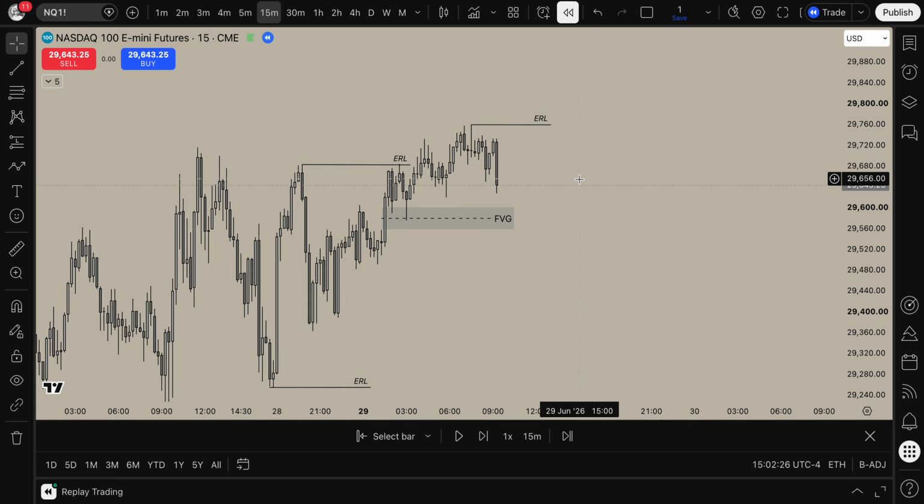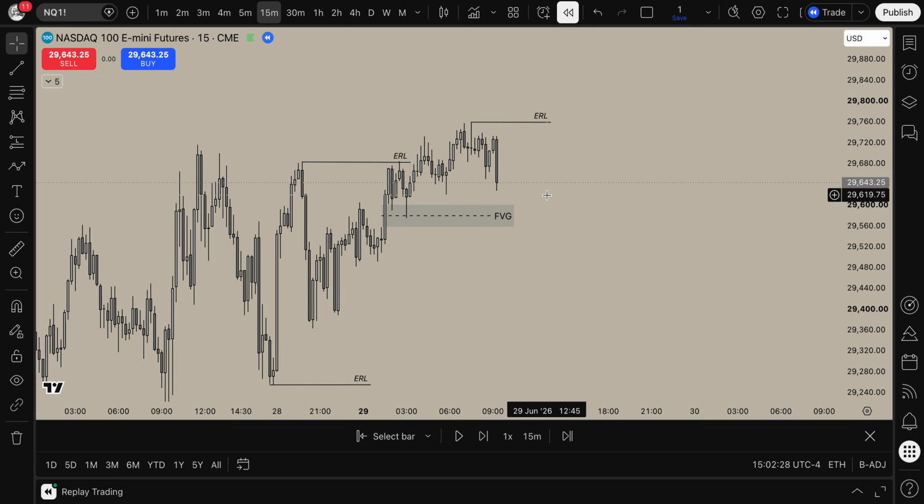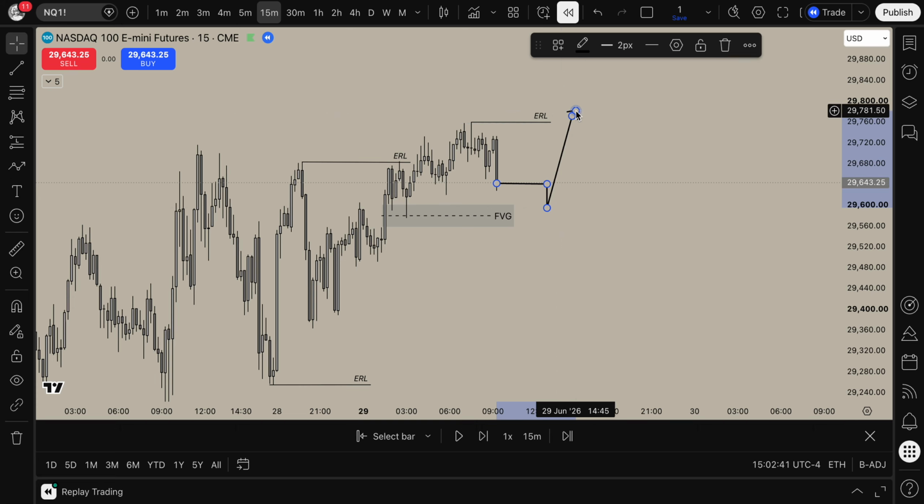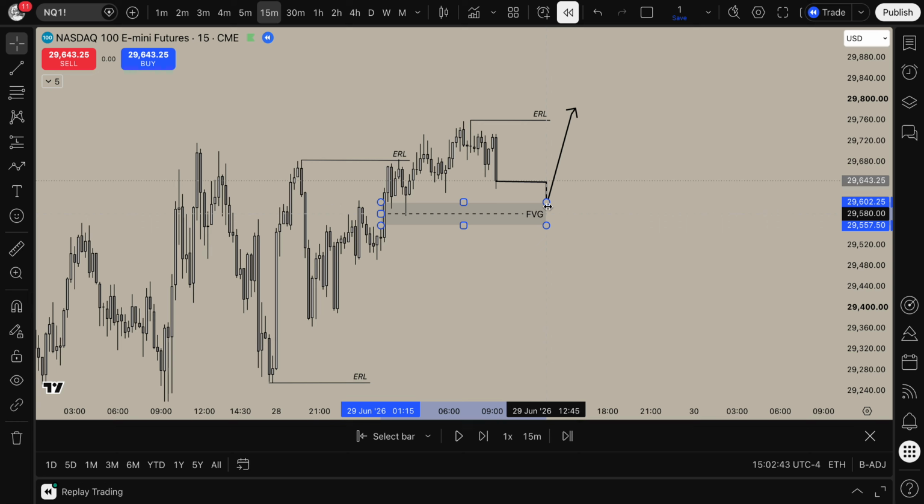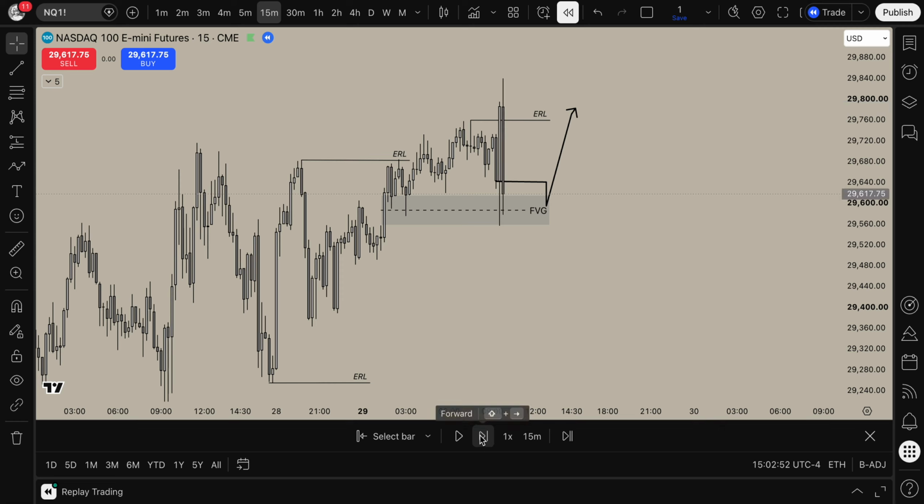So the way I look at it is we expect price to go from external liquidity to internal, trading back to then trade back into this external liquidity here. Like this, printed in a wick, manipulation.